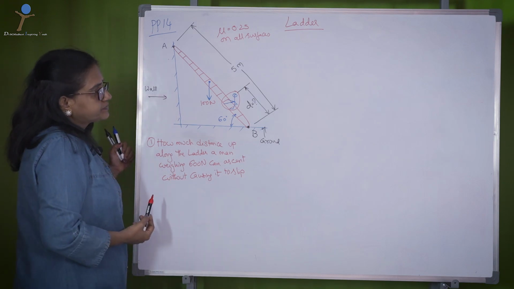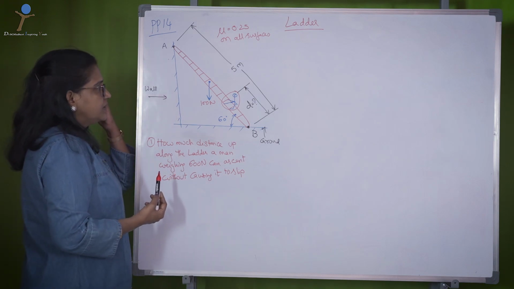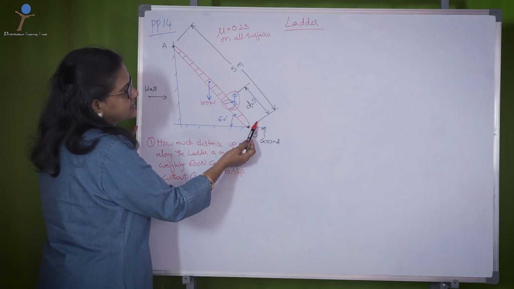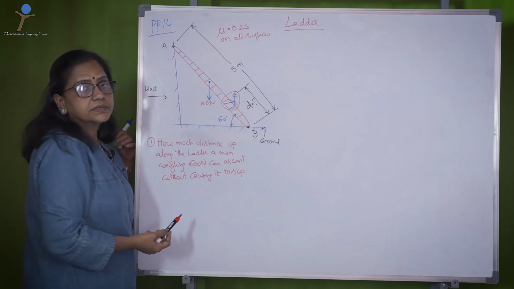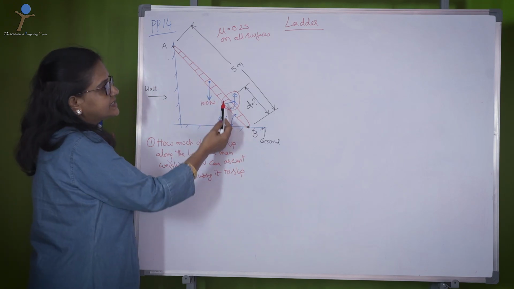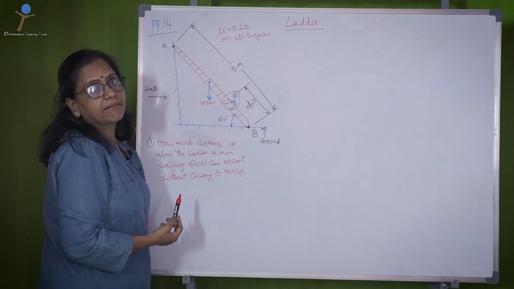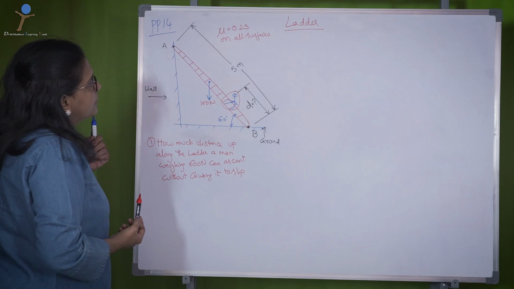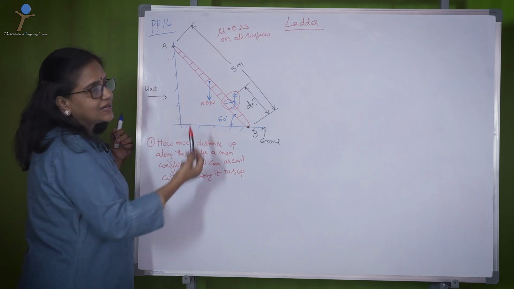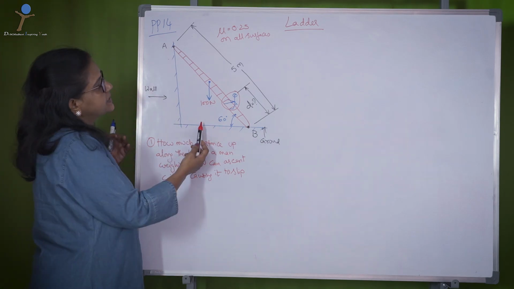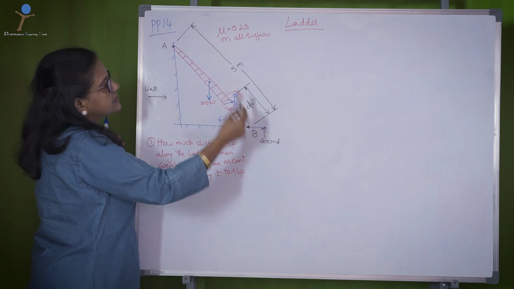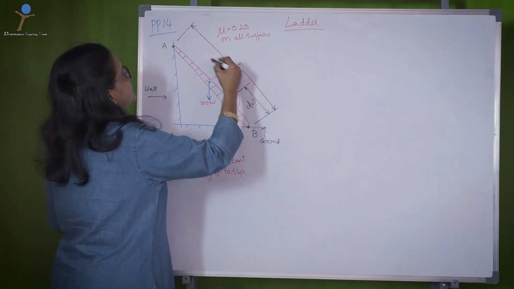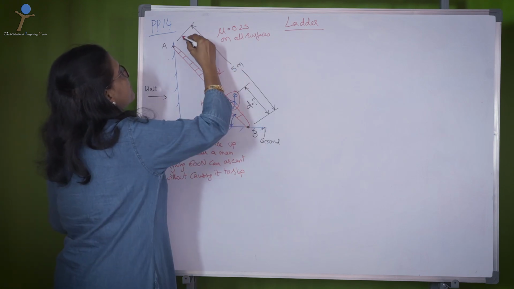Let us assume that the distance he climbed is d, till such time the ladder isn't slipping. Now the weight of the ladder, 100 newtons, is placed exactly at the center of the span length, that is around 2.5 meters.